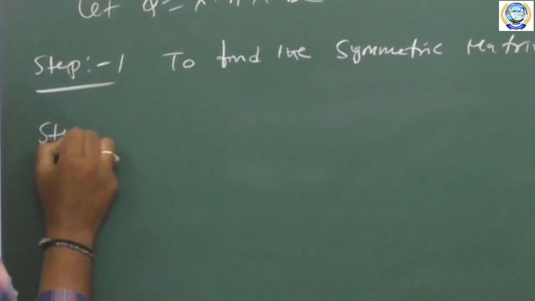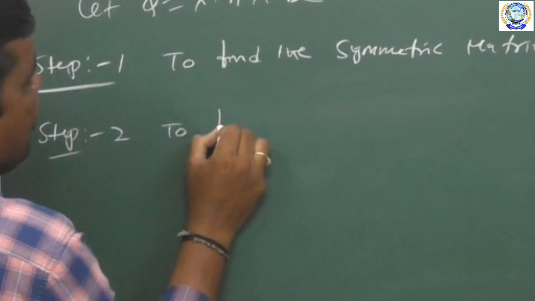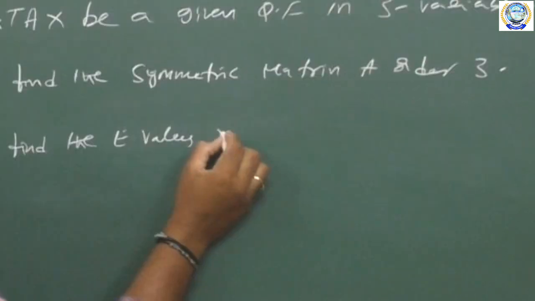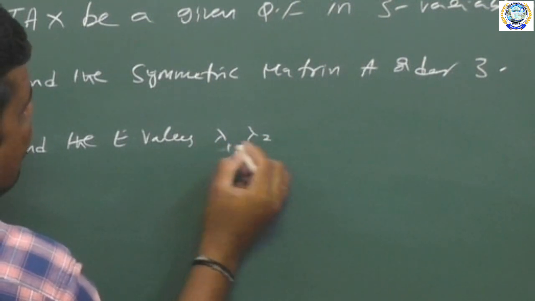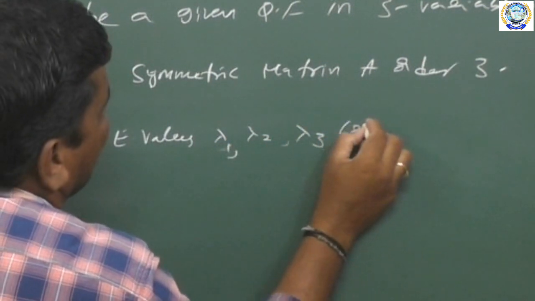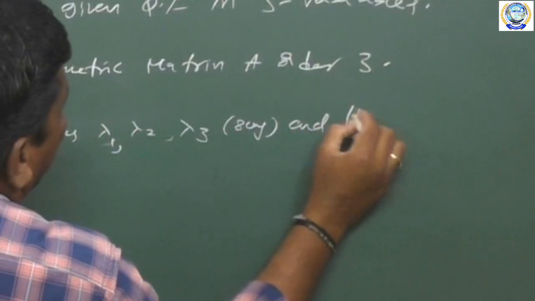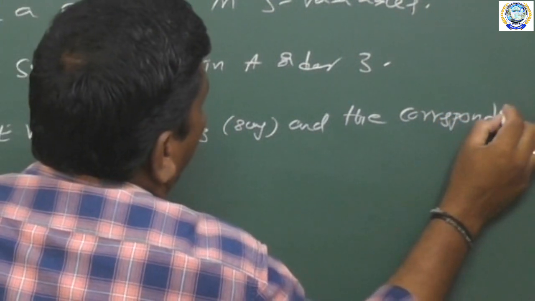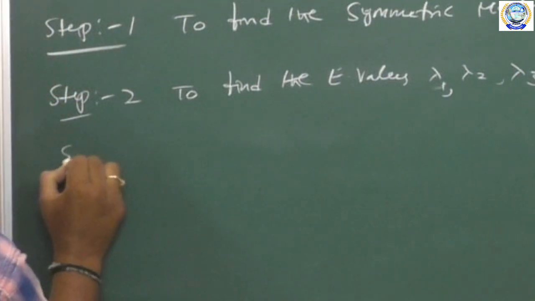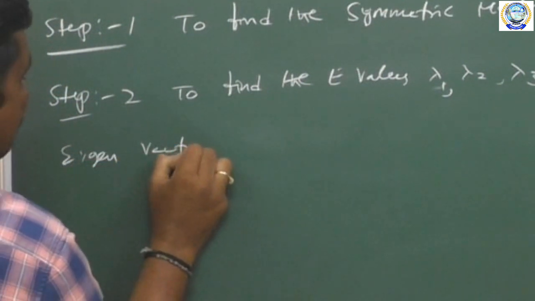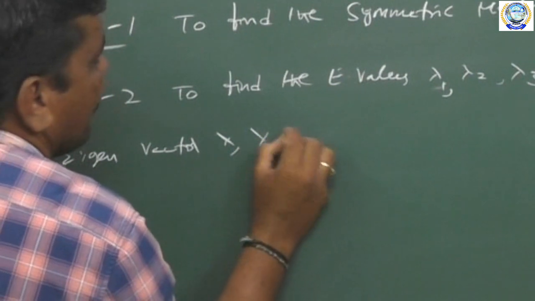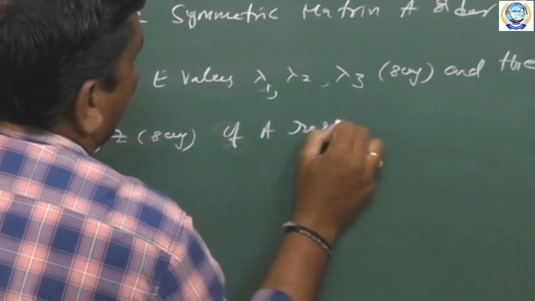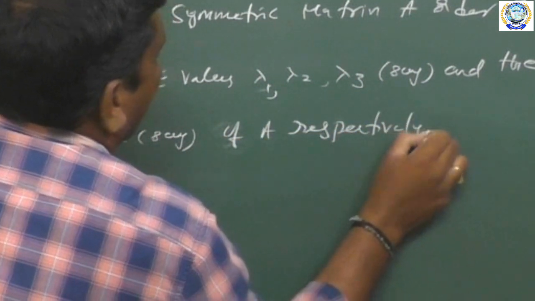Next, in step 2, to find the eigenvalues lambda 1, lambda 2, lambda 3, say, and the corresponding eigenvectors, capital letters X, Y, Z, just to say, of capital A respectively.